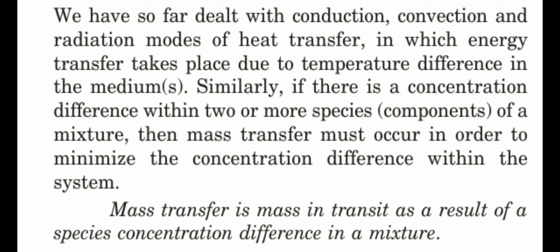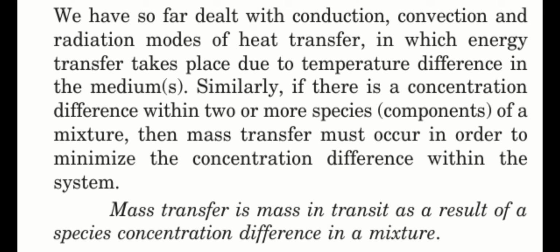The basic condition for heat transfer, we know, is that the temperature gradient is one of the main factors, right? There should be a change in temperature between 2 points in order to have the flow of heat. But just like heat transfer, in mass transfer we consider concentration in place of temperature.